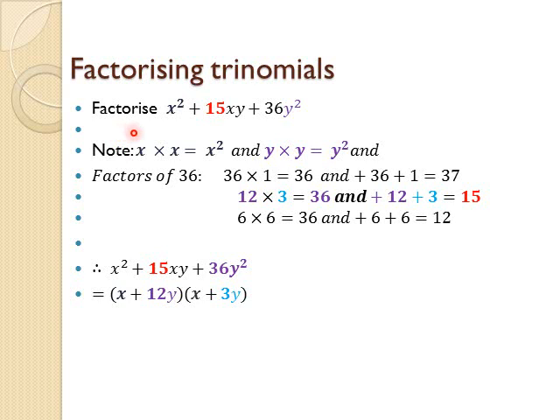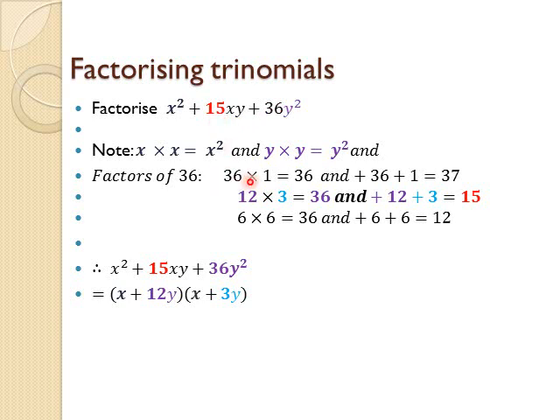Look at problem number 2. Now I've given you two variables, x squared and y squared at the end. So again, take note, x squared can simply be x times x, and y squared is simply y times y. Now I have to use the factors of 36 to get to 15.